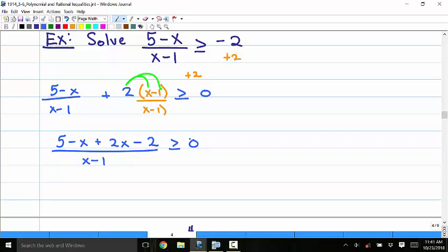Now collect like terms in the numerator. 2x minus x gives me x. 5 minus 2 gives me plus 3. There's my rational inequality: (x plus 3) over (x minus 1) greater than or equal to 0.